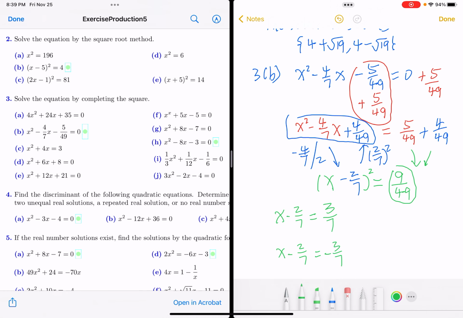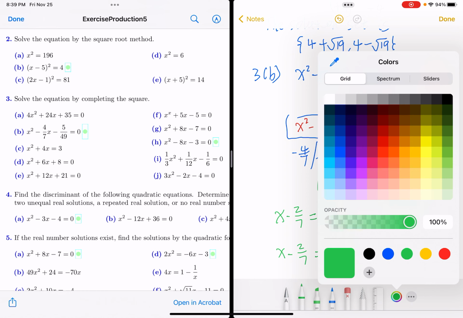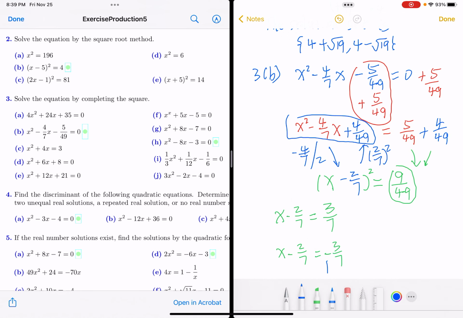So then we want to add 2 over 7 on both sides. And then here is x equals 5 over 7.